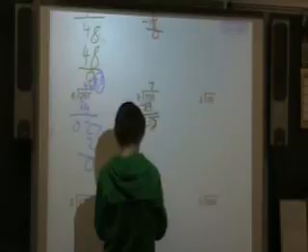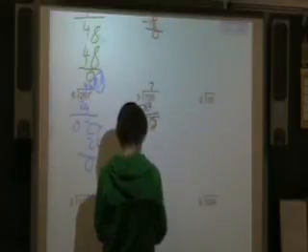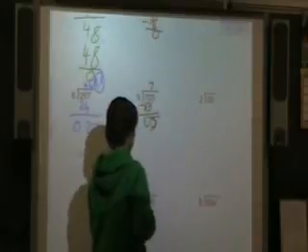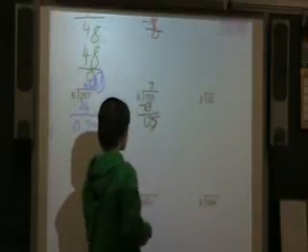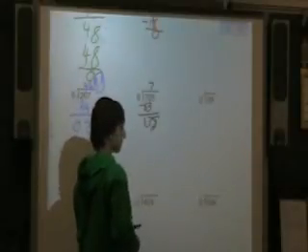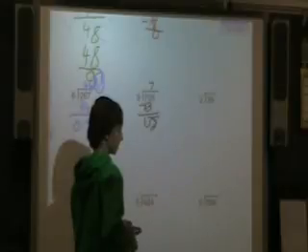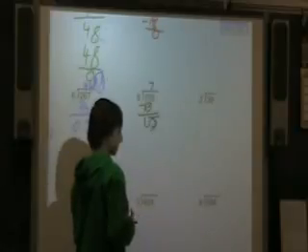Is that a 6, Miss Anderson? Yep. Okay. So we got 70 minus 63 is what? 7. Okay, so you want to erase this row here?